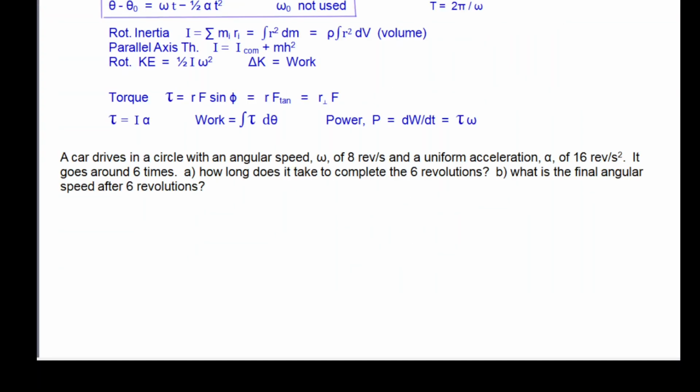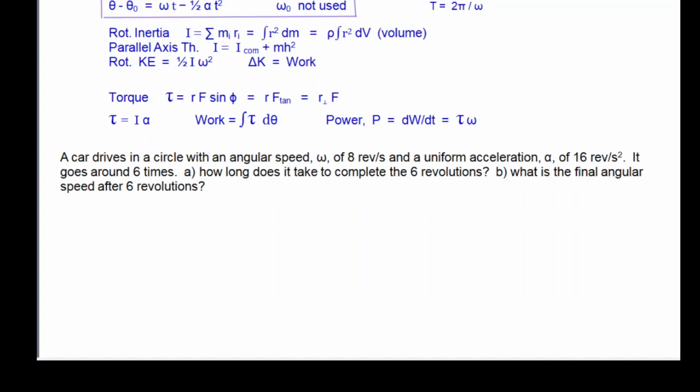Our next problem states, a car drives in a circle with an angular speed, omega, of 8 revolutions per second and a uniform acceleration, alpha, of 16 revolutions per second squared. It goes around 6 times. How long does it take to complete the 6 revolutions? And what is the final angular speed after 6 revolutions?